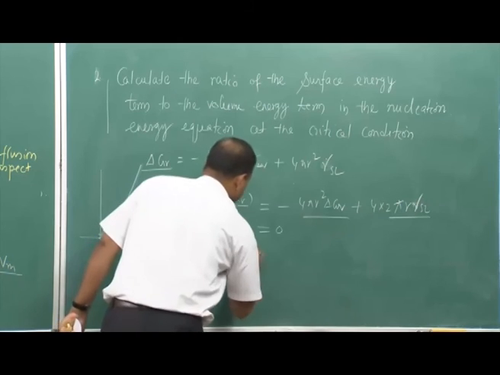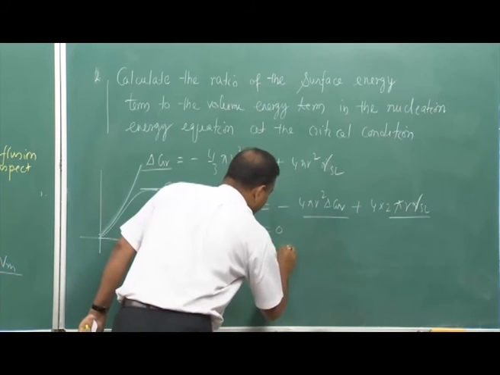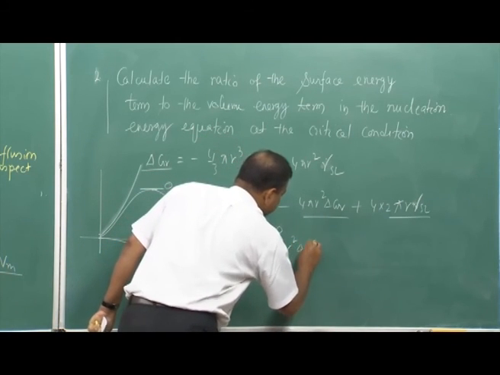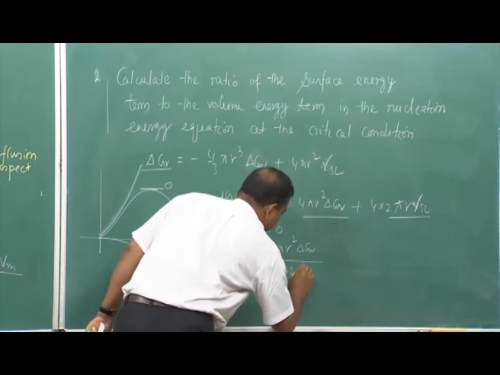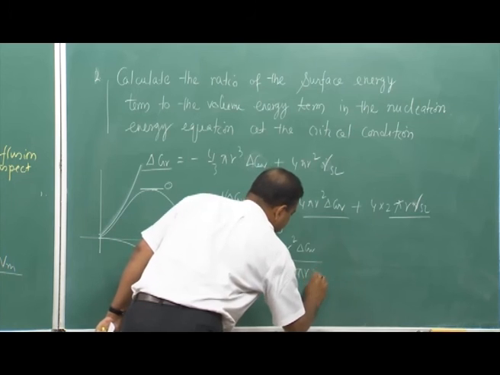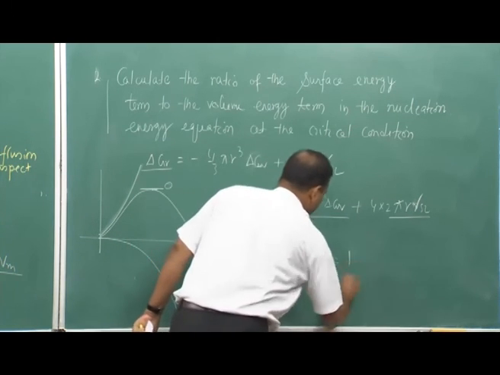So, from there I can say that 4 pi R square delta G V by 4 into 2 pi R gamma SL equal to 1.